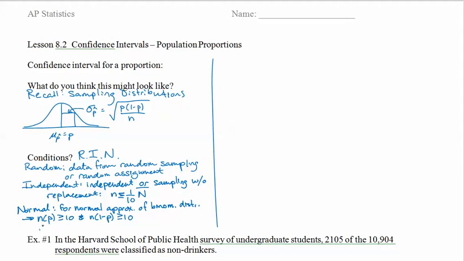In other words, at least 10 successes and 10 failures.